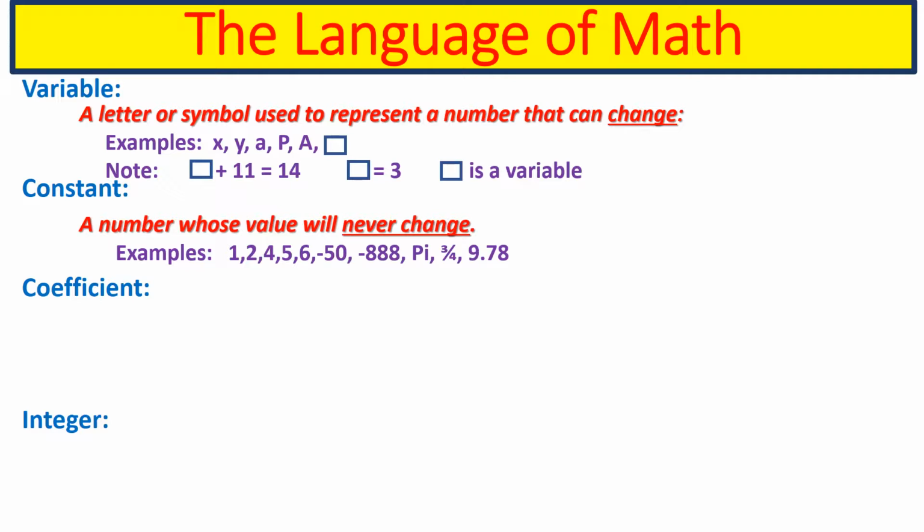Negative 888 is a constant and it will never change. The fraction 3/4 is a constant. 3/4 represents 3 out of 4. 3/4 of a pie, 3/4 of a cookie, 3/4 of a glass of milk. It is constant. It is the same amount no matter what. 9.78, it's a decimal, but it is also a constant.